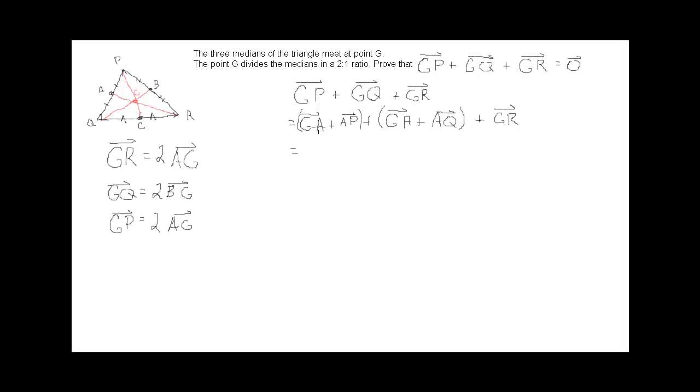Let's see if we can play with these some more. Look at that, I got GA and GA, so let's write 2 GA. If we have a GA and we're adding another GA, we get 2 GAs. Then AP and AQ. Those are equal and opposite vectors.